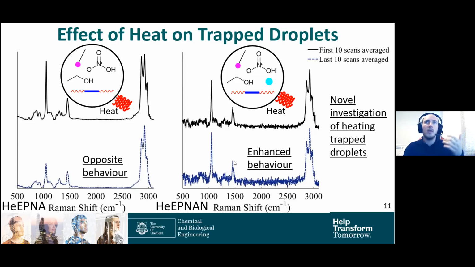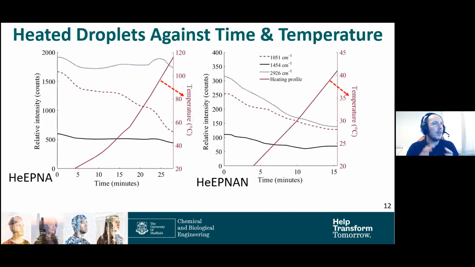And in the one with the nickel nitrate, we're just seeing the enhanced behavior. This is what we expected because there's more heat, there's more activation energy, things evaporate faster, and things can react faster. So let's look a little bit more closely at that without nickel nitrate droplet, studying each peak intensity against time.